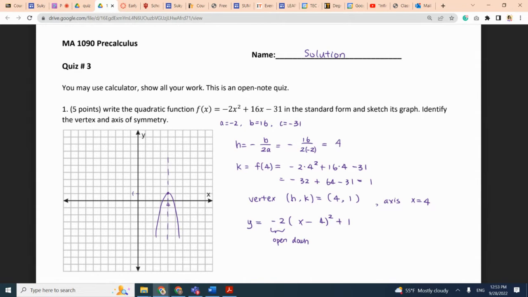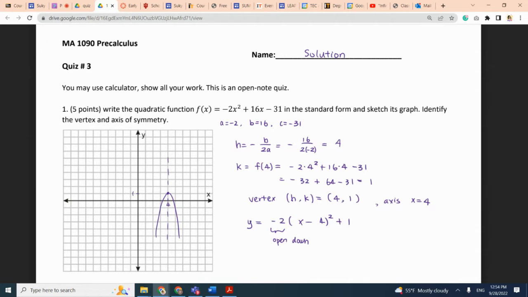What's the standard form? a times (x minus h) squared plus k. Right, everybody? This is the standard form. Sometimes we'll call it vertex form. Okay, so standard form, vertex form, that means we have y equals a(x minus h) squared plus k. And how do you find your h?